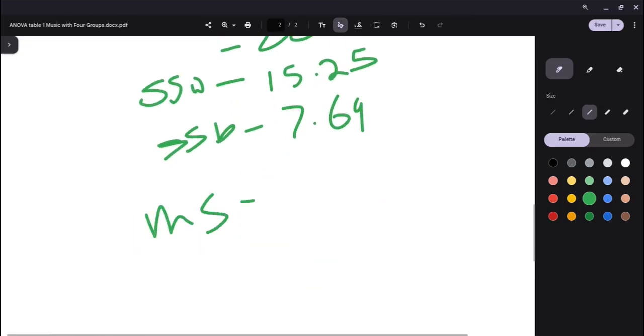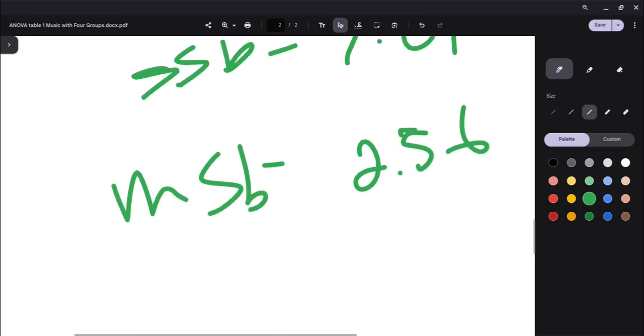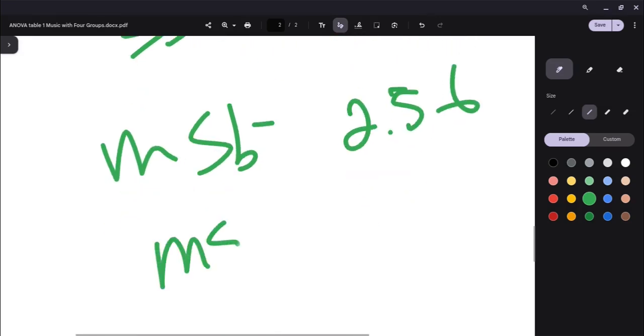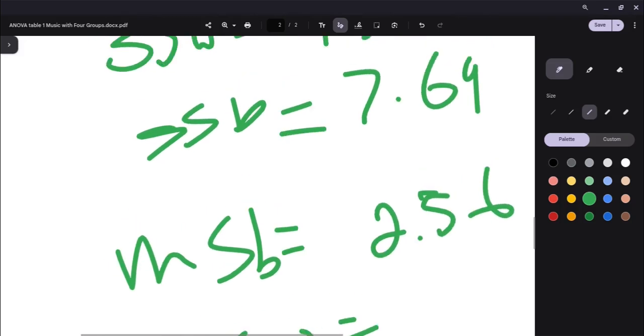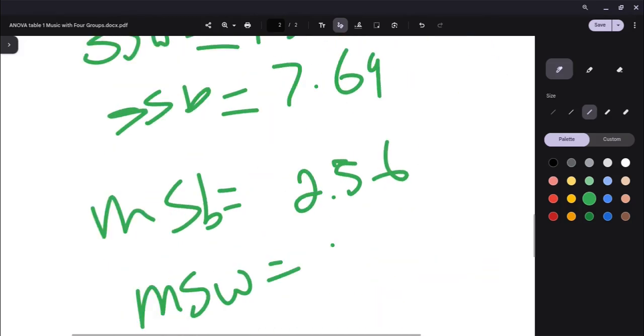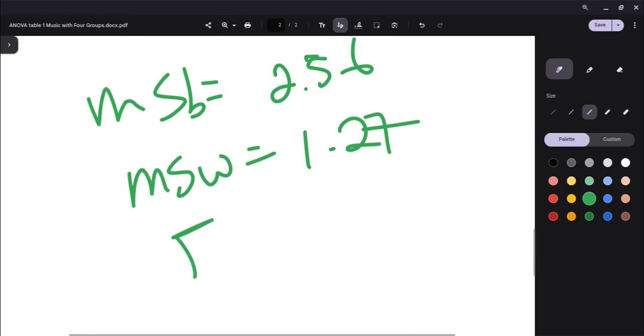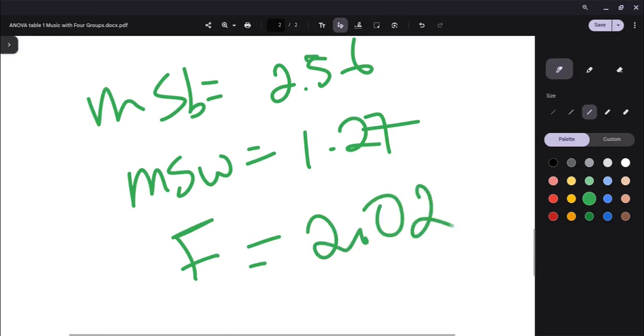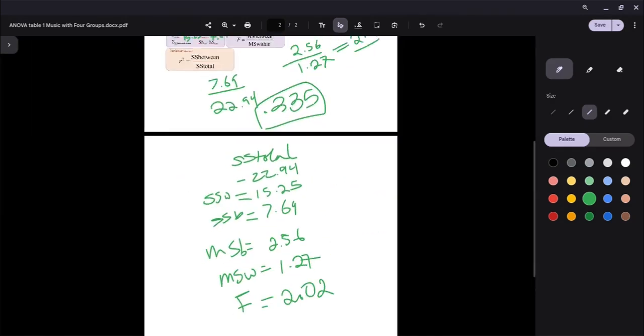MS between is going to be 2.56. MS within is going to equal 1.27. And then our F ratio to finish everything out is going to be 2.02.